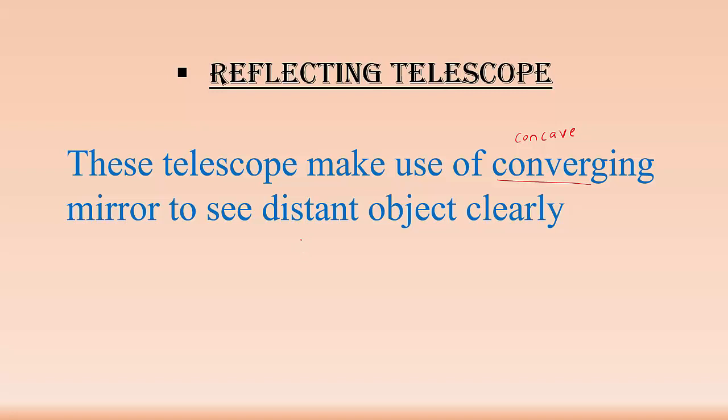In a concave mirror, the reflecting surface is towards the center of the sphere. After reflection of light, converging of light takes place and we will get a real and inverted image. That is why this telescope is called a reflecting telescope. Remember, in this telescope we use a concave or converging mirror to see distant objects clearly, which may be heavenly bodies or objects on the earth's surface.